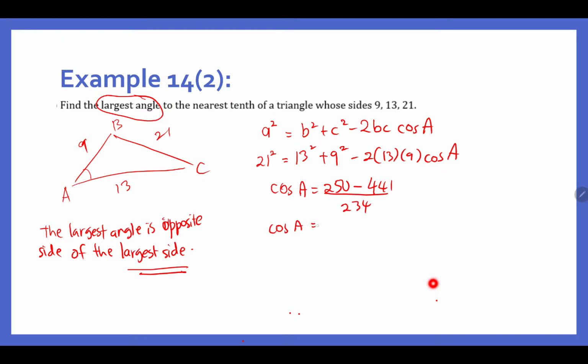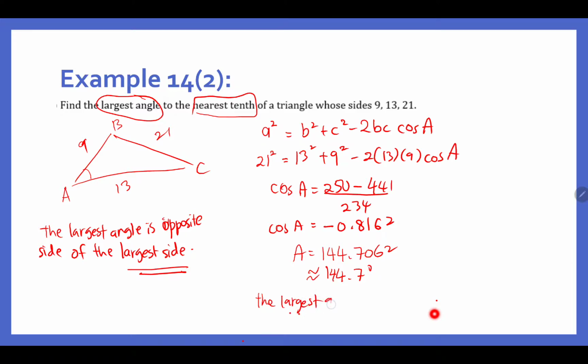So cos A is negative 0.8162. Here A is 144.7062. It asks for the answer to the nearest 10, so the largest angle is angle A, which is 144.7 degrees.